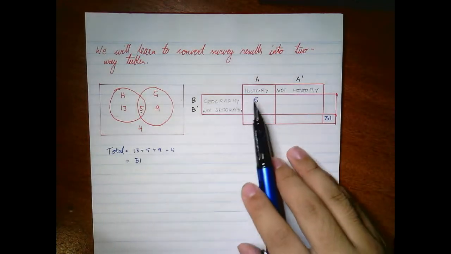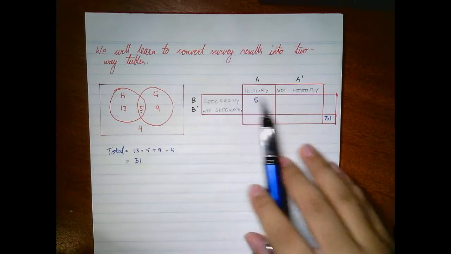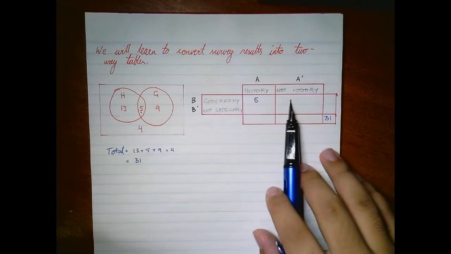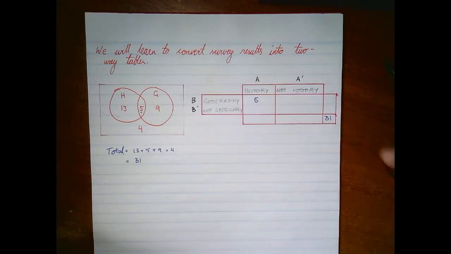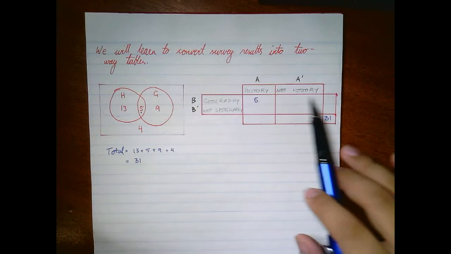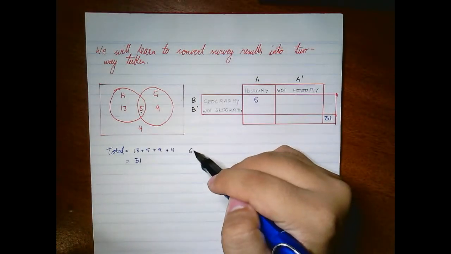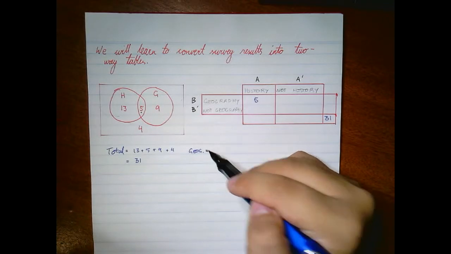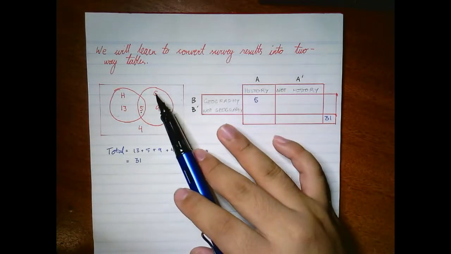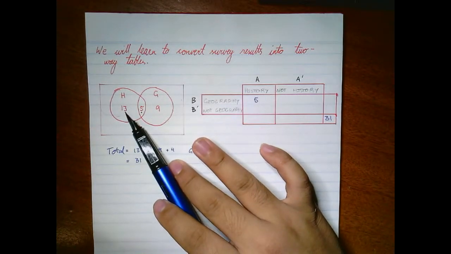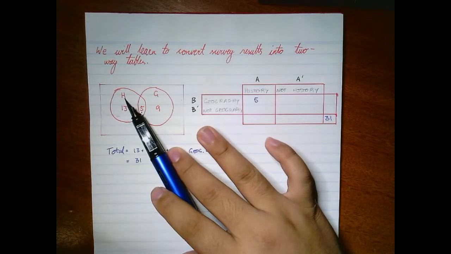But take a look. How many students studied geography? Don't worry about this box right now, I just want this box here. How many students studied geography in total? I'll give you a moment. Let's ask ourselves, did these 13 people study geography? No, they didn't.